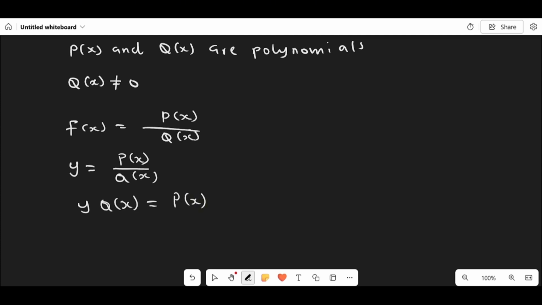After that, rearrange the equation trying to solve for x in terms of y, which gives you an equation like x equal to some expression in y. Determine for which values of y this equation has real solutions. Exclude those y values. All other values of y are the range.